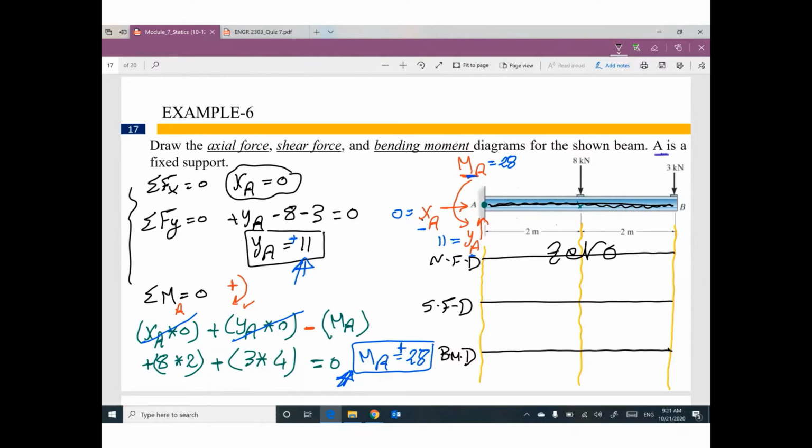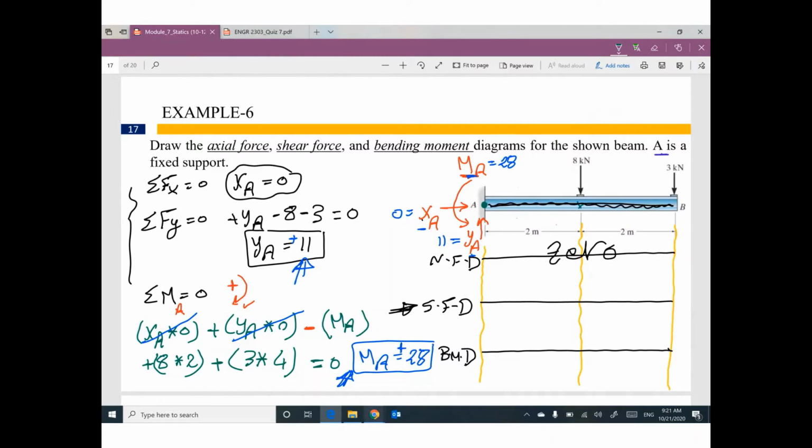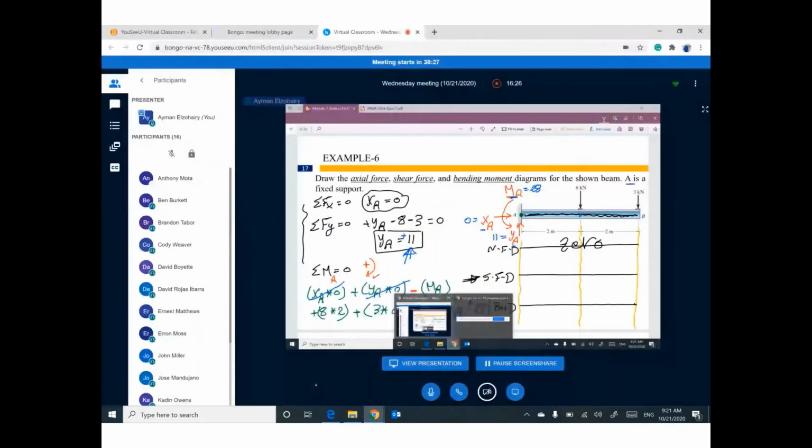The second diagram, the shear force diagram. It's a very simple game. If you have a force going up, go up. If you have a force going down, go down. But what do you have to start from?